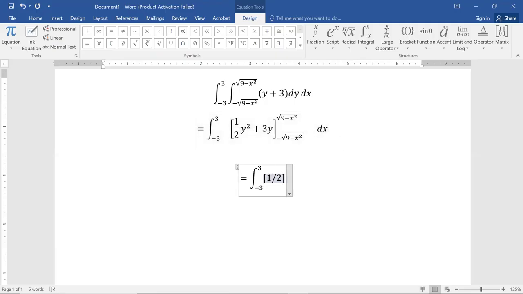I get 1/2. When I plug in the positive square root and then square it, I just get 9 minus x squared, plus 3 times the square root of 9 minus x squared.